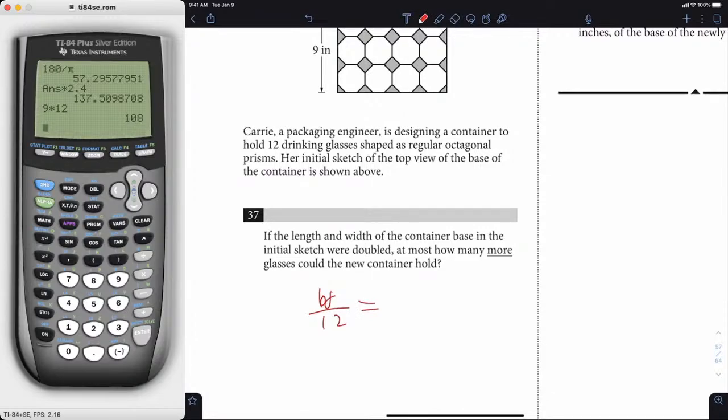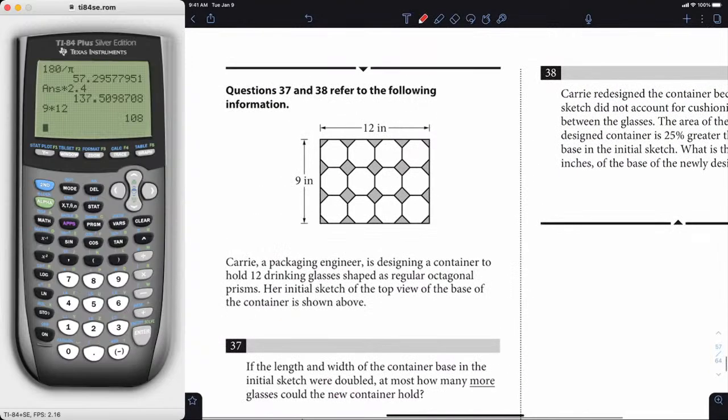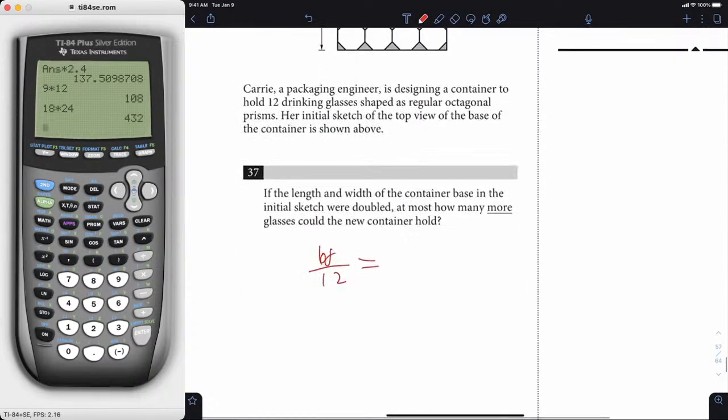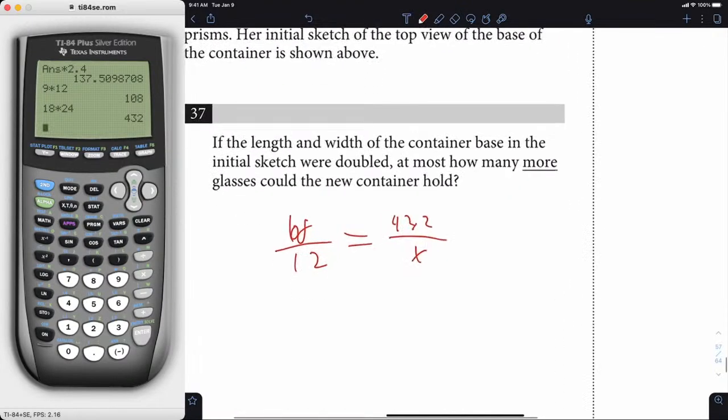Okay, so when the area is 108, it holds 12 glasses. Now the length and width are doubled, so if this is doubled, this is 18, and if this is doubled, it's 24. So 18 times 24 would be 432, and we're setting up a proportion here, and then it would hold X amount of glasses.